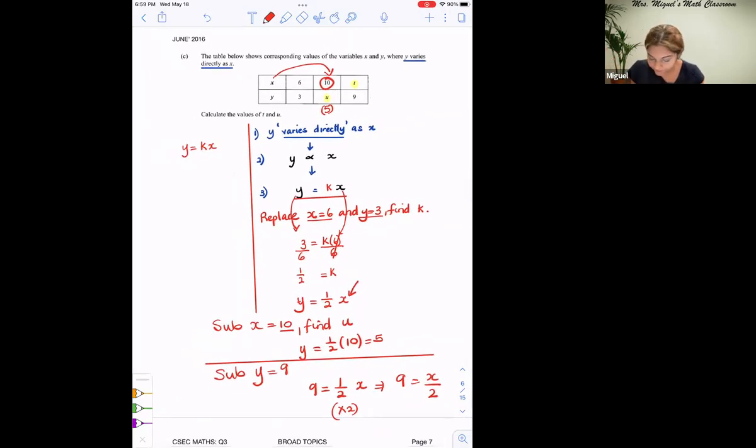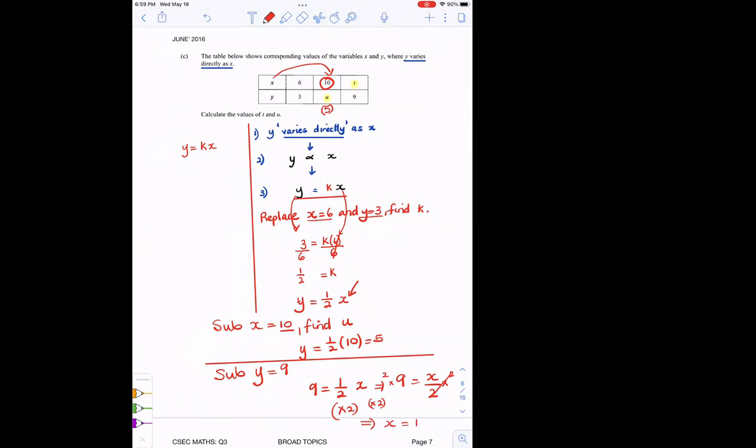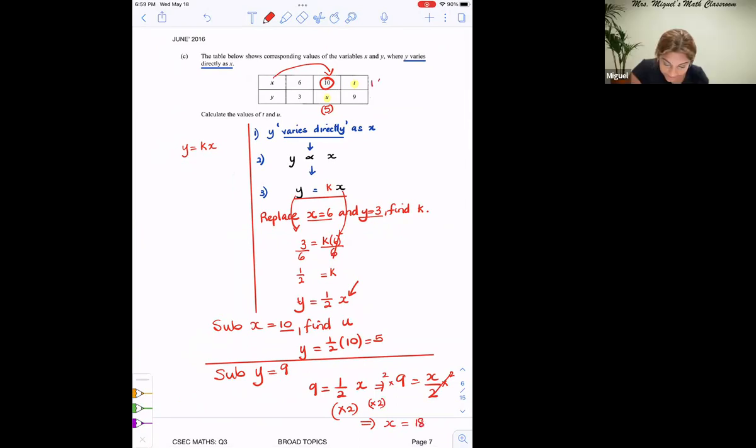Who has a value for x? X is how much? If we multiply each number by 2, we multiply here by 2, we will cancel. 2 times 9 is? 18. So if I put 18 here and I put 5, isn't a half of 10 5?